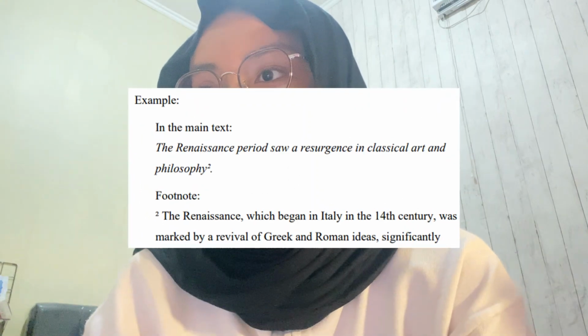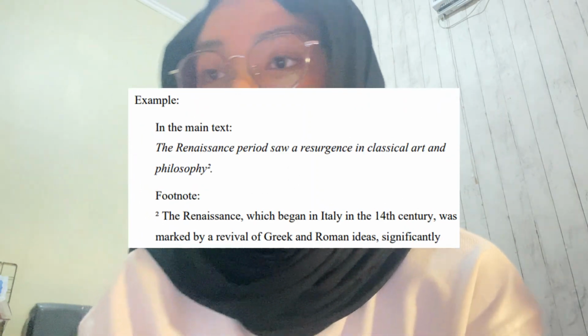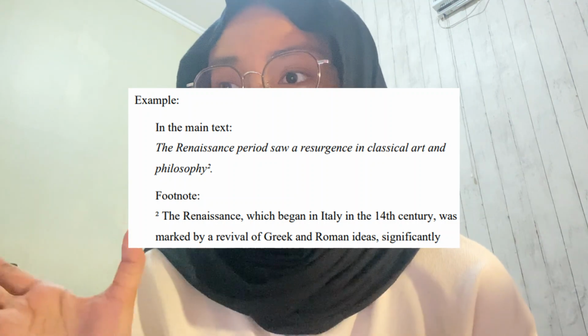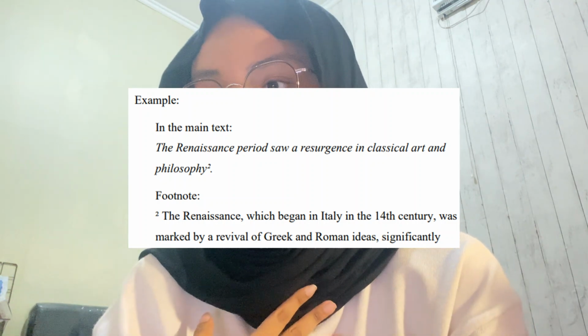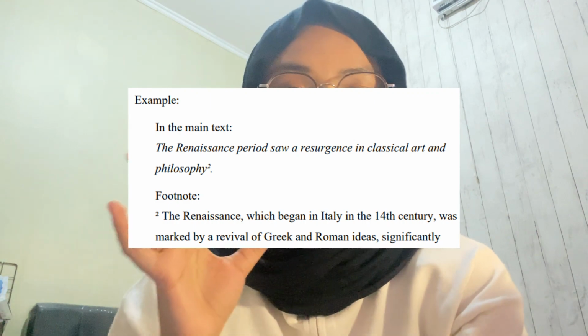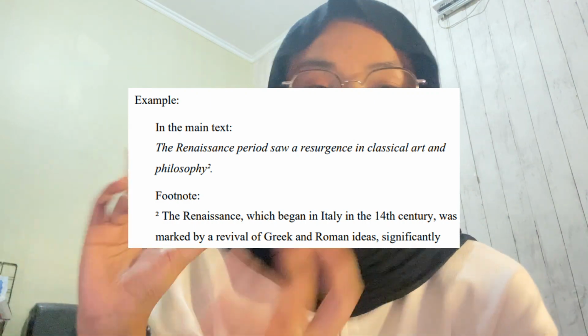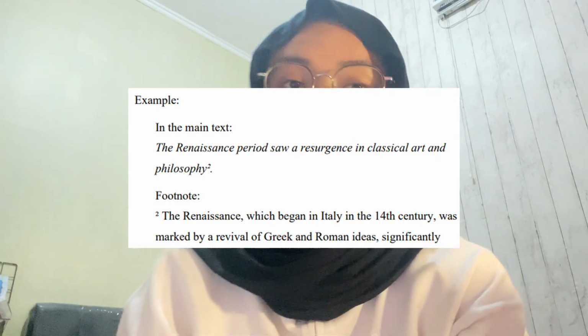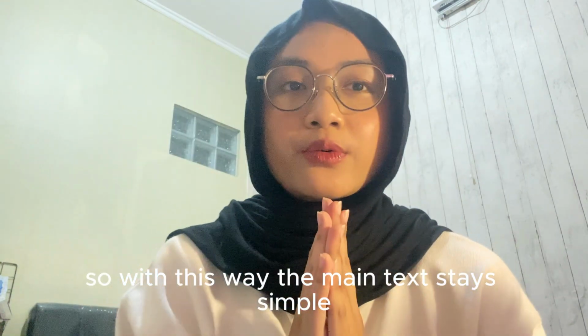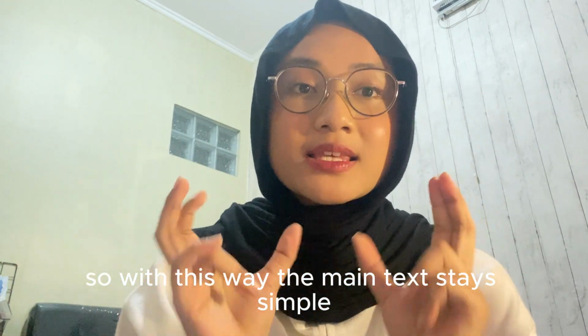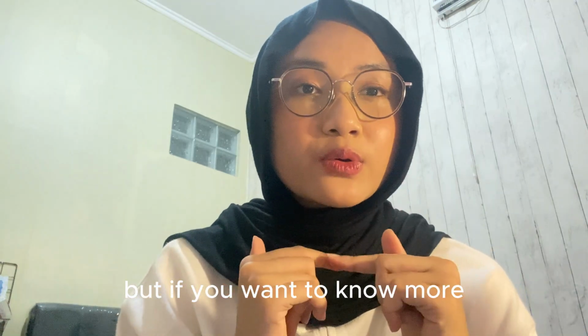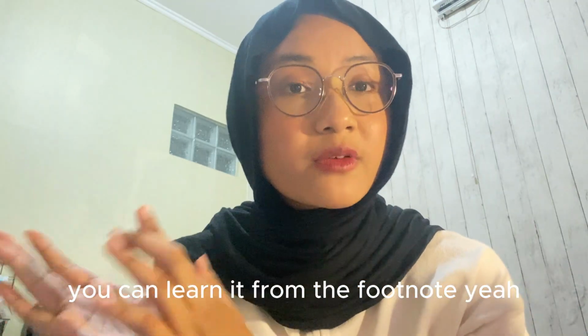For example, in the text: the Renaissance period saw a resurgence in classical art and philosophy. And then you can see at the footnote there's a number and then you can read it. So with this way, the main text stays simple. But if you want to know more, you can learn it from the footnote.